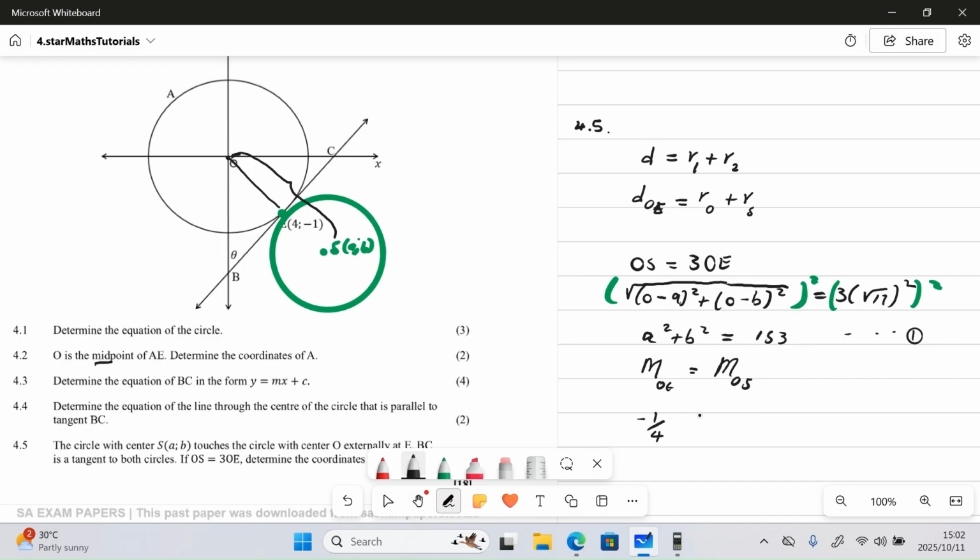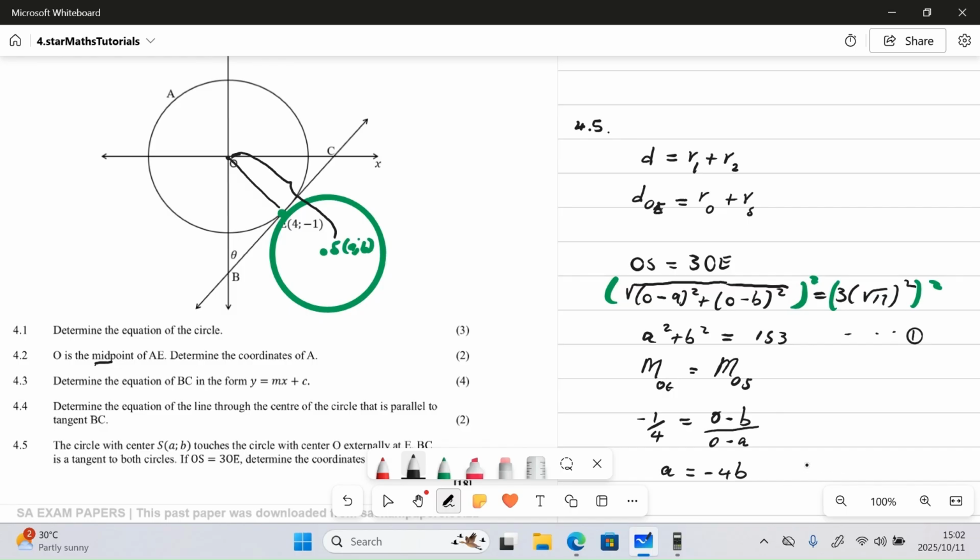Then the gradient of OS is (0 minus b) over (0 minus a). If we simplify and cross multiply, negative 1 times negative a gives a, and negative b times 4 gives negative 4b.